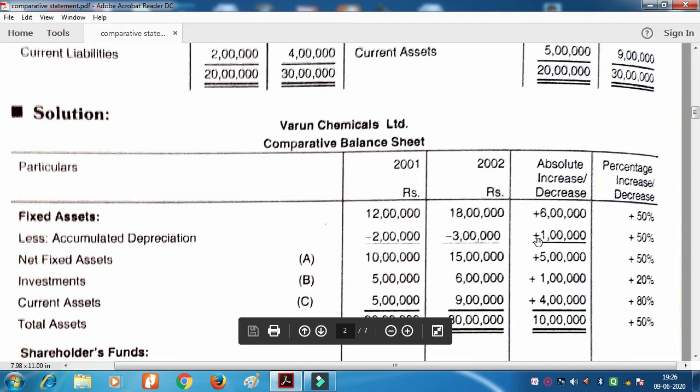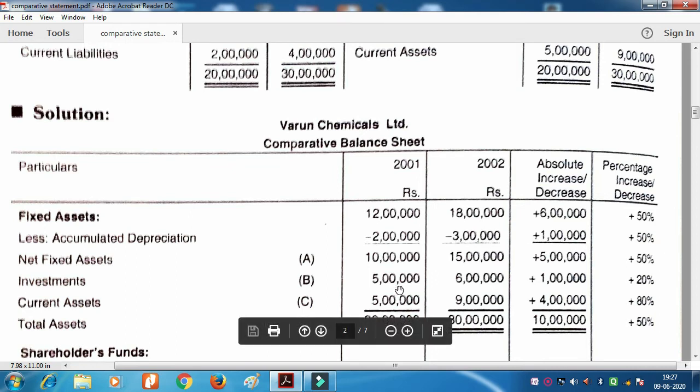Here it won't be plus, it would be minus, because plus and inside it is a negative figure, plus minus becomes minus. So from 6 lakh we need to deduct this 1 lakh, and it becomes 5 lakh. Here also 2 lakh increases to 3 lakh, so net increase is 1 lakh. So 1 lakh divided by 2 lakh gives 50%.